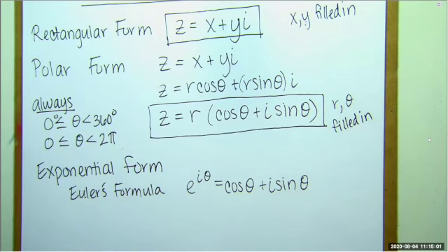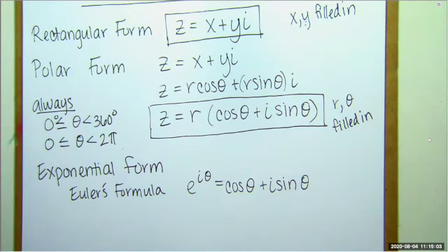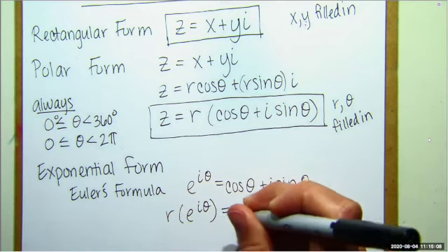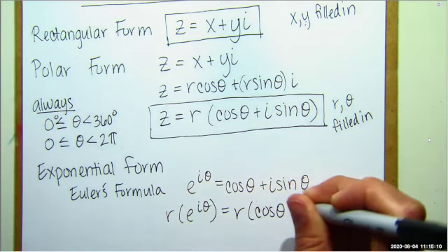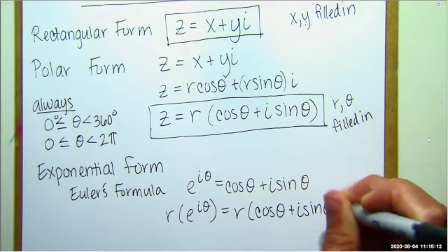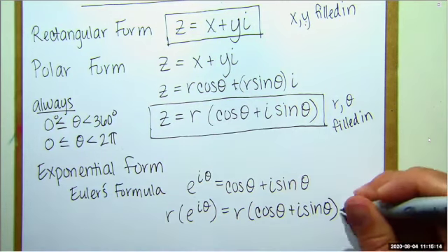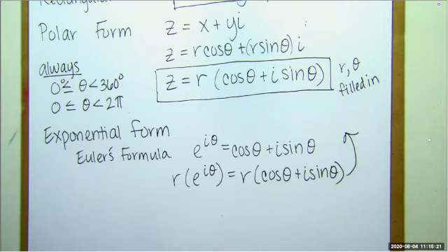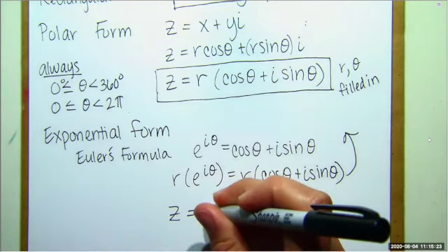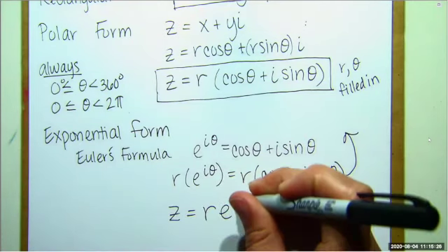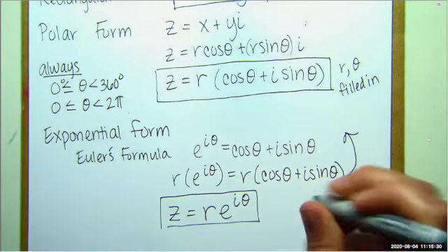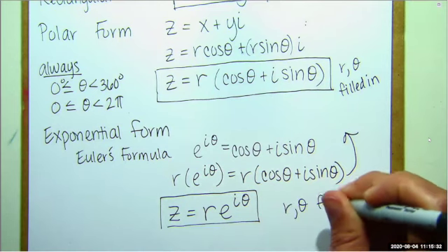If we multiply both sides of this equation by r, what we end up with is exactly what we saw up here on the right side. So that means that exponential form of a complex number is r times e to the i theta, with r and theta filled in.